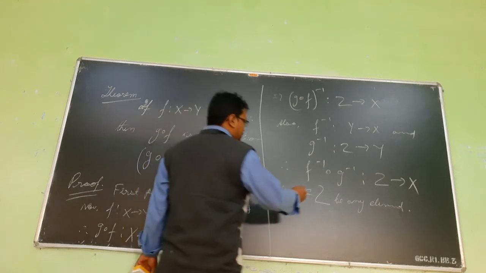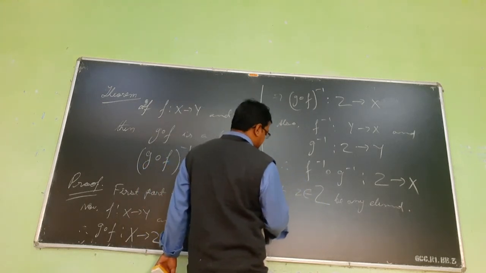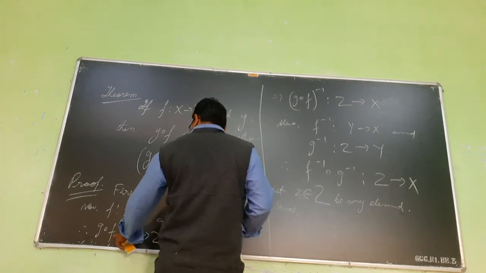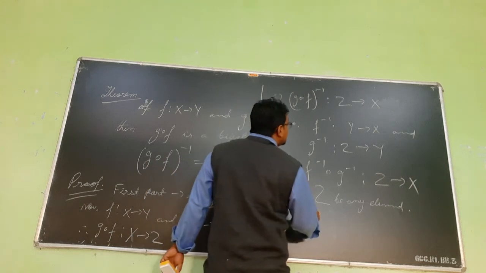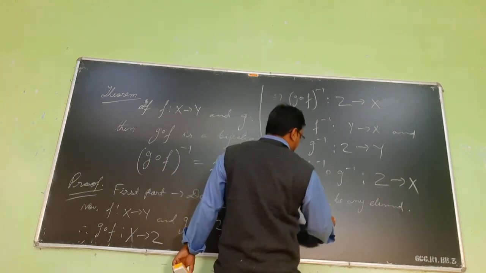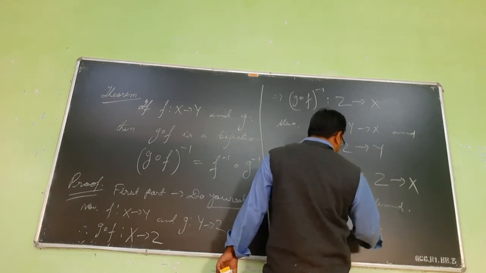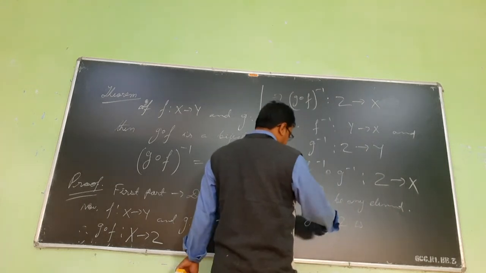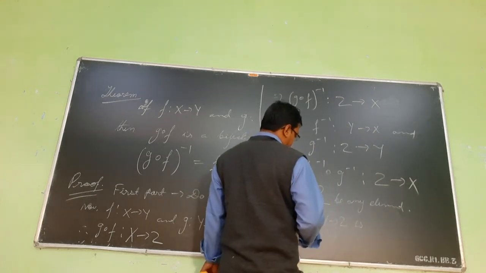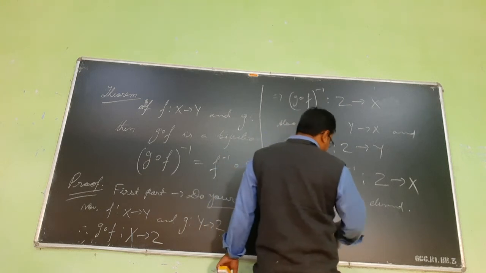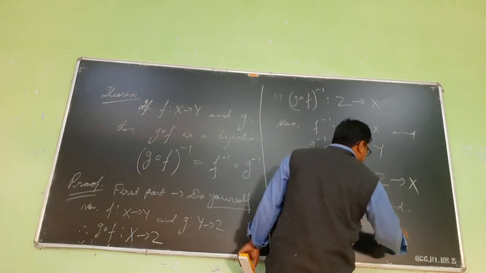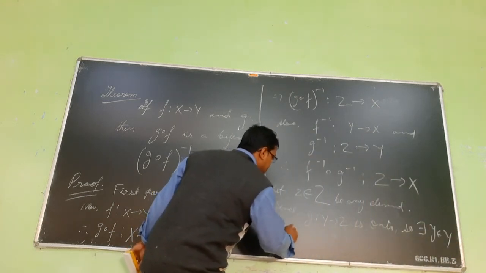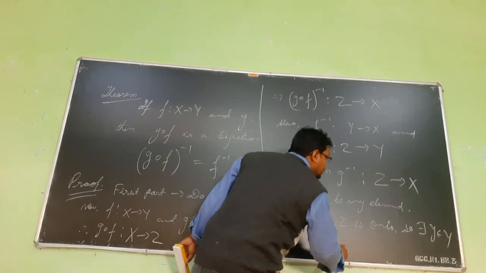Now since g from Y to Z is onto, there exists y belonging to capital Y such that g of y is equal to z.